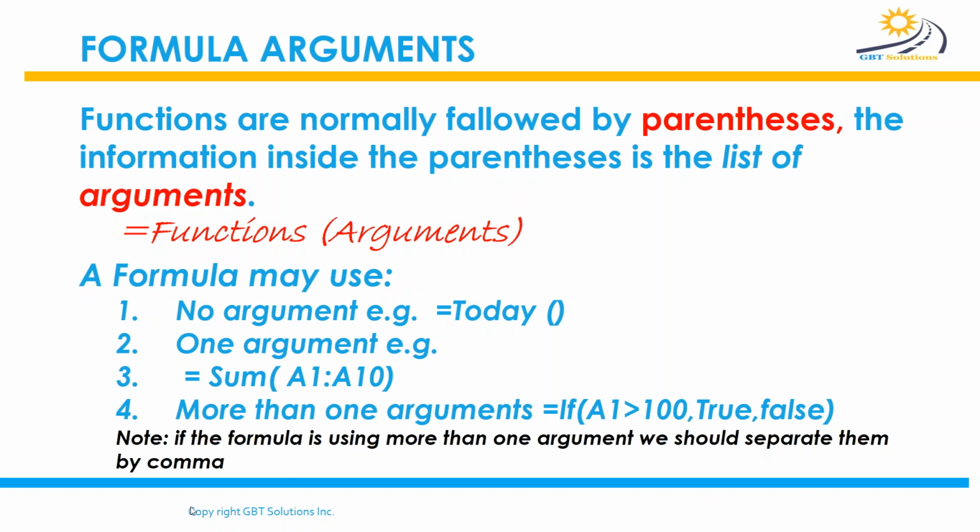A formula can use as many arguments, and in most cases you have to separate the arguments by a comma. Like we said, the comma is an operator that separates arguments, and the colon is an operator to indicate the range.